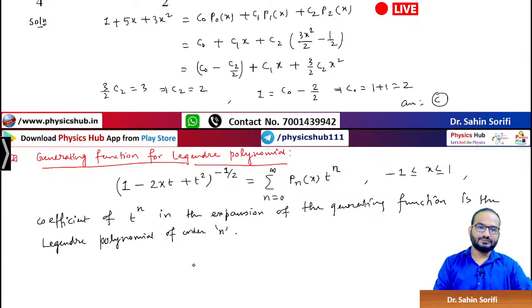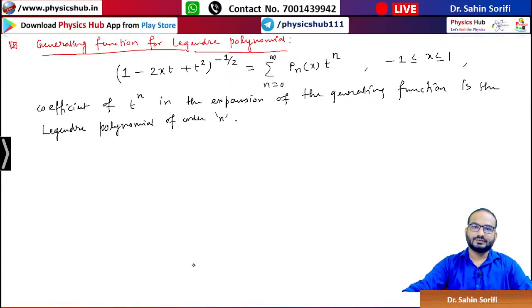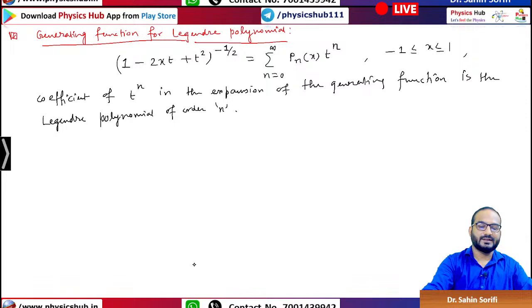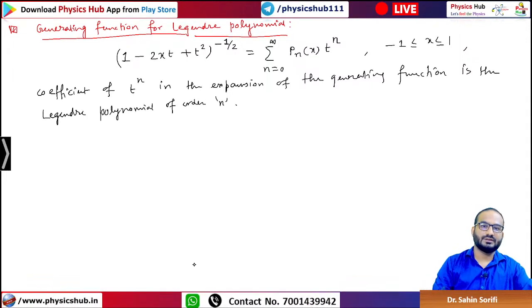This relation is sometimes given already in the question, or it is better if you remember: (1 minus 2xt plus t square) to the power minus half equals the sum from n equals 0 to infinity of Pn(x) t to the power n. Why is it called the generating function? Because with the help of this expansion you are able to generate this Pn of x, that's why the name.